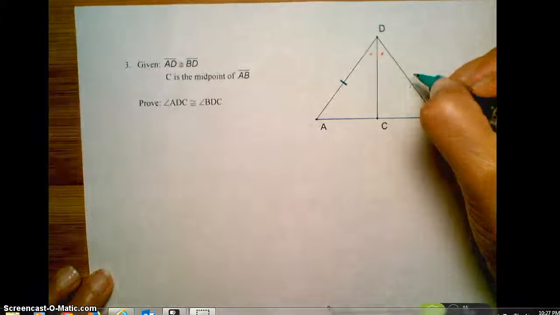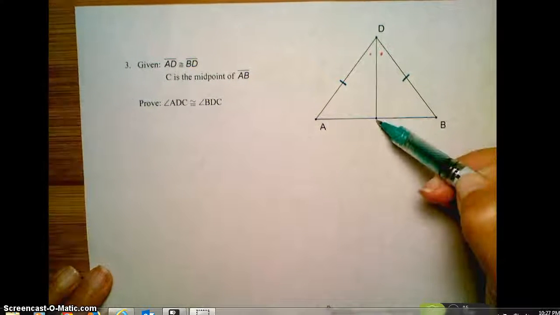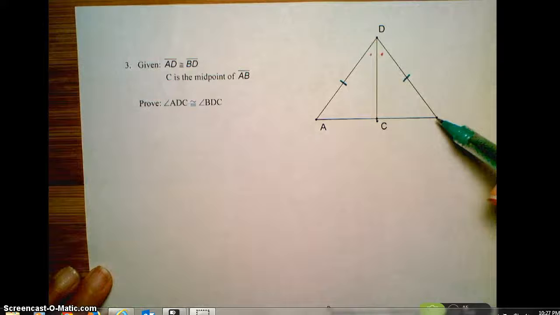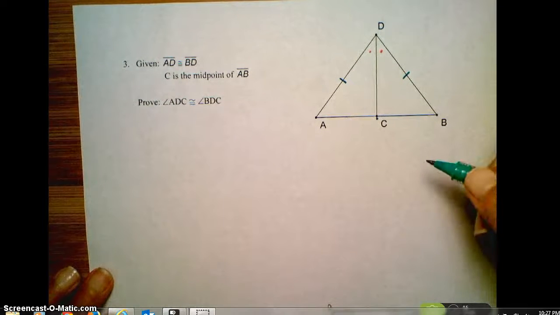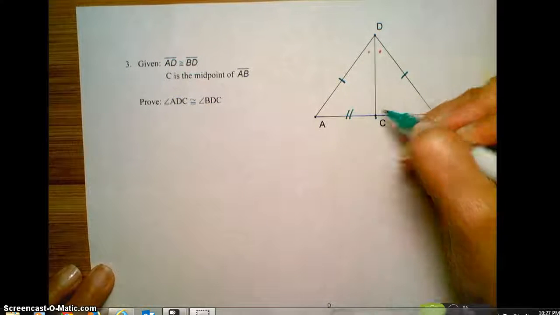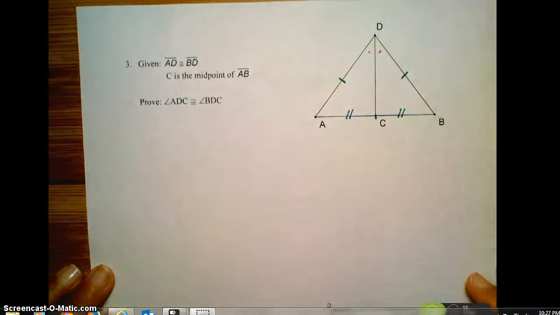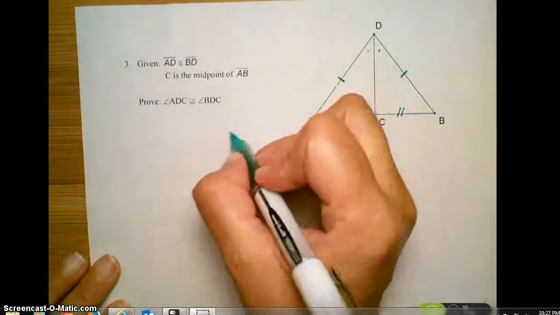So AD is congruent to BD. Then it says C is the midpoint of segment AB. Well, midpoints break a segment into two congruent segments, so I'm going to go ahead and mark segment AC congruent to segment CB.